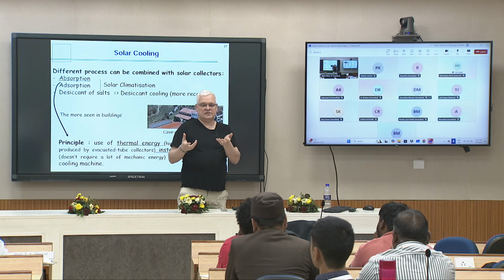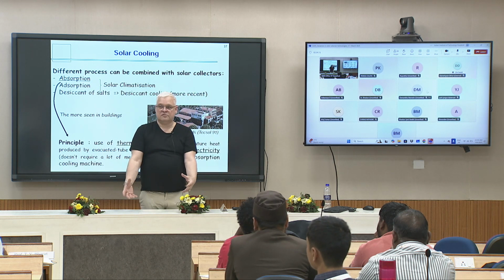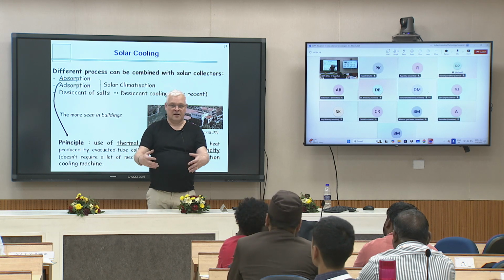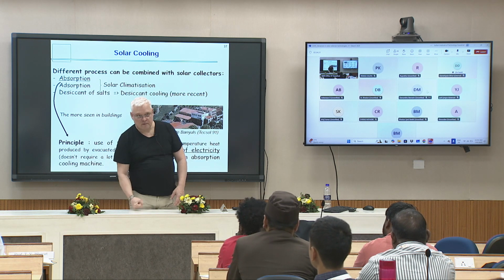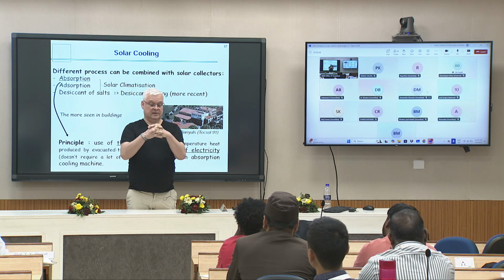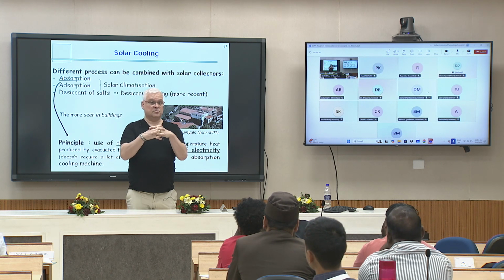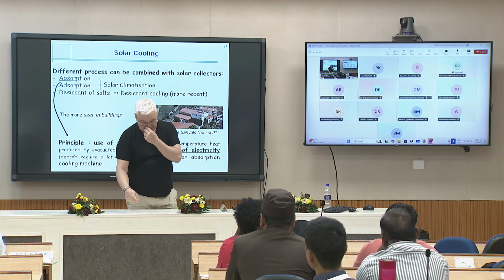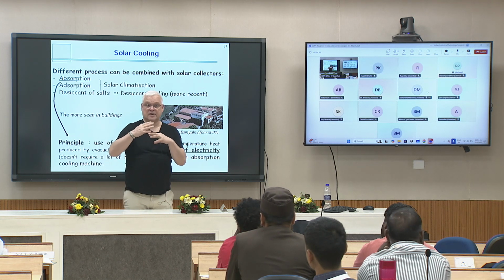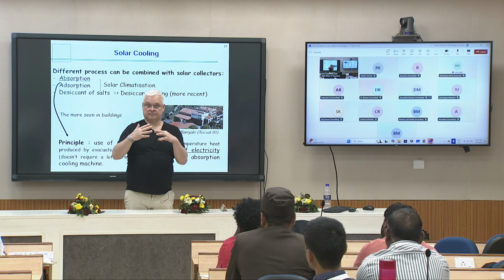Maybe you have seen this: if you leave your salt open in a humid atmosphere, after 2 days it's a block like this, because there is absorption of humidity. And during this phenomenon, if you put a flux meter or thermocouple, you will see that there was injection of heat.